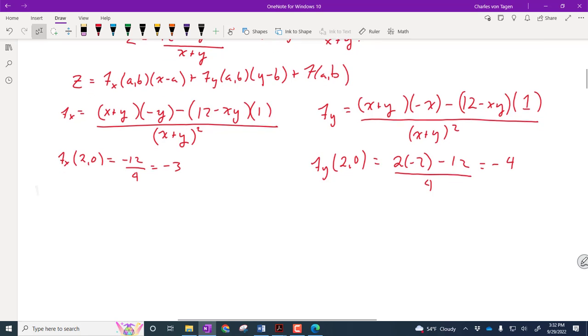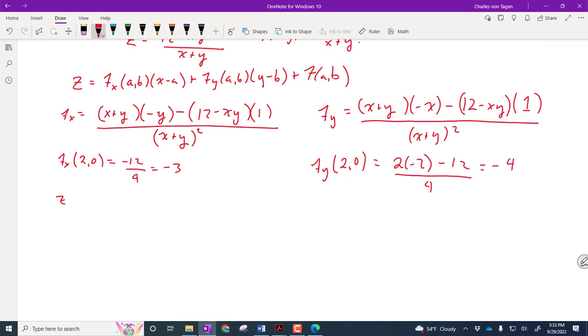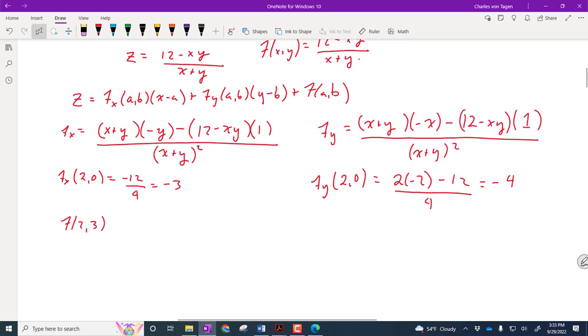So what else do we need to compute? Well, we also need to compute f of 2, 0. Sorry, I don't know why I keep thinking it's 2, 3, folks. F of 2, 0, in the original function, we would have 12 divided by 2, which comes out to be 6.